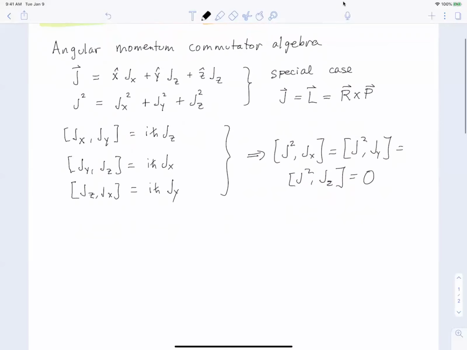Let's start with a useful fact. We're going to derive a whole bunch of useful facts today, and this is just the first of many: the eigenvalues of J squared are going to be non-negative.